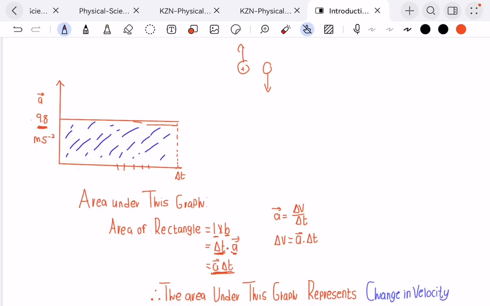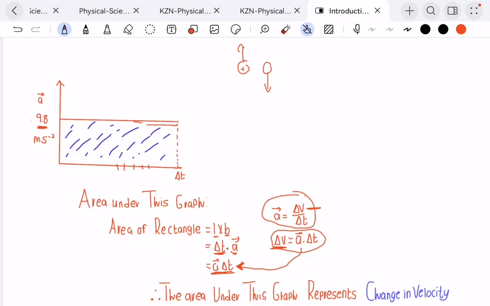And then again, we have to notice that we go to this expression for acceleration, and then we manipulate it so that we make v the subject of the formula, and we can see that this expression is the same as this expression. So this basically means that the area under the acceleration versus time graph represents the change in velocity.